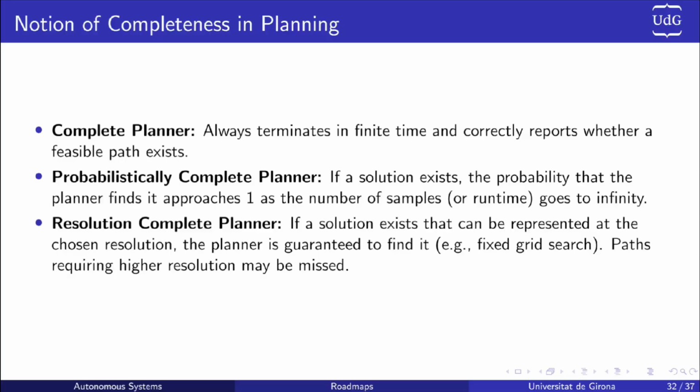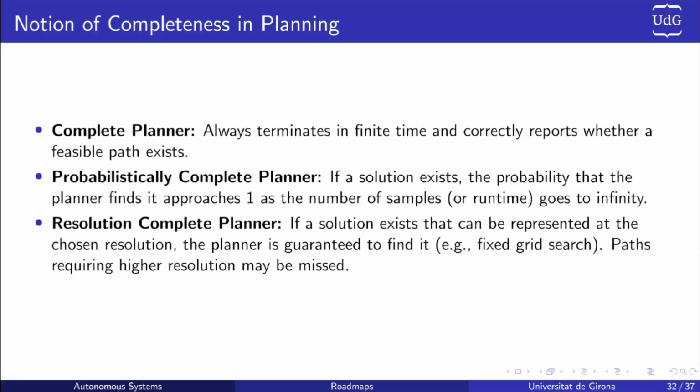And then we have resolution complete planners. As I told you, most of the time we are working with environments that we discretize. Imagine that we need to find a path from one point A to one point B, and there is a corridor that is very narrow, half a meter wide, and for the way that we discretize our environment, this corridor disappears. It may happen.